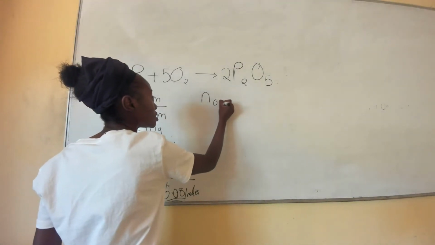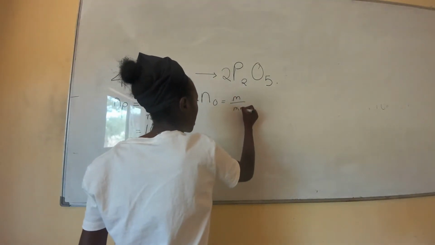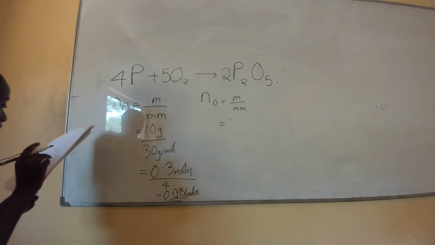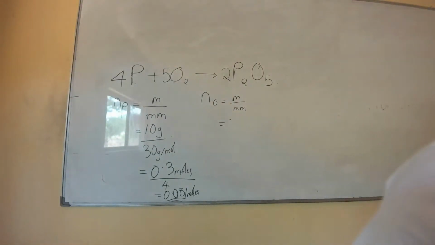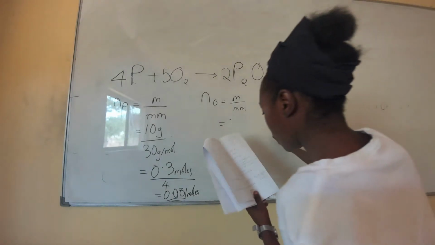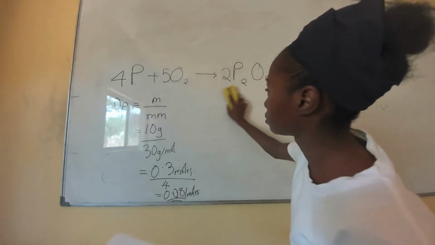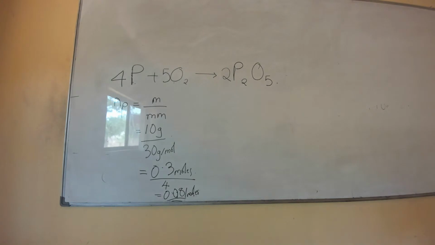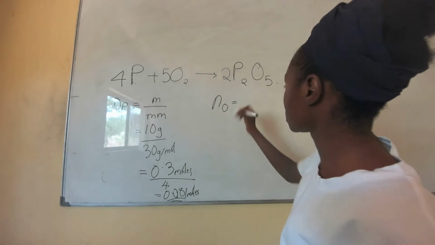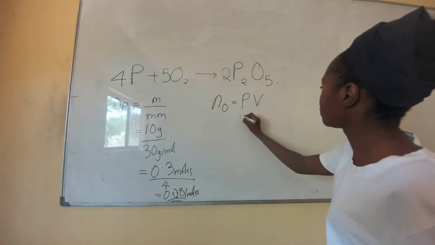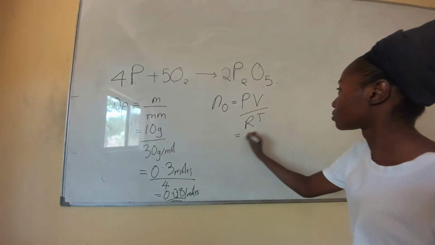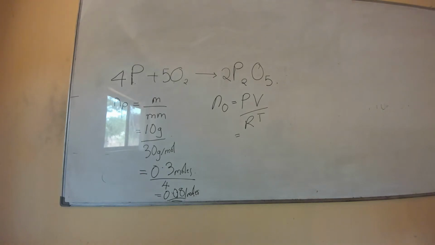We would use the same formula, mass over molar mass, but in this case we don't have the mass, so we have to calculate it differently. The number of moles of oxygen is equal to PV over RT, which is the pressure in atm and the volume in liters.